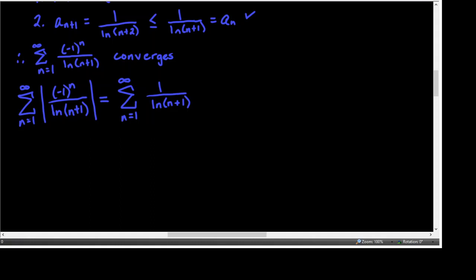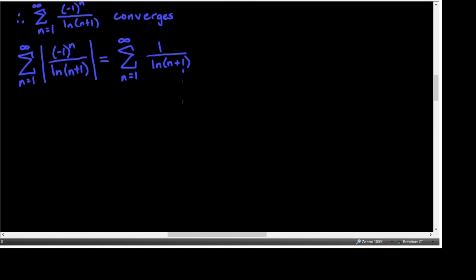Okay, so let's see. I'm going to do some more magic here, mathematical magic. You might need to get a calculator to kind of follow along with my argument and see that it's true. I claim that the natural logarithm of n plus 1, so you might want to graph in your calculator y equals the natural log of x plus 1.